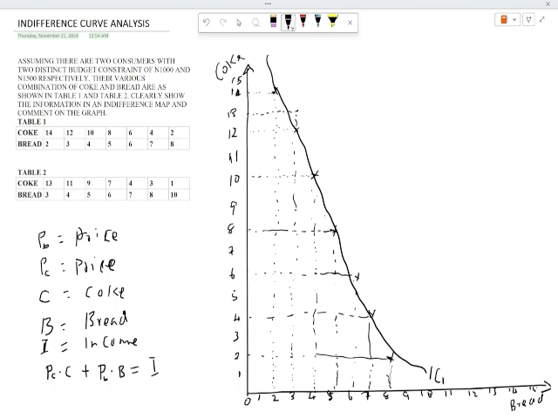So you can just join it here, put another star here. When 11 coke was consumed, 4 bread was consumed. So you just stop here. When 9 coke was consumed, 5 bread was consumed. Now, when 7 coke was consumed, 6.